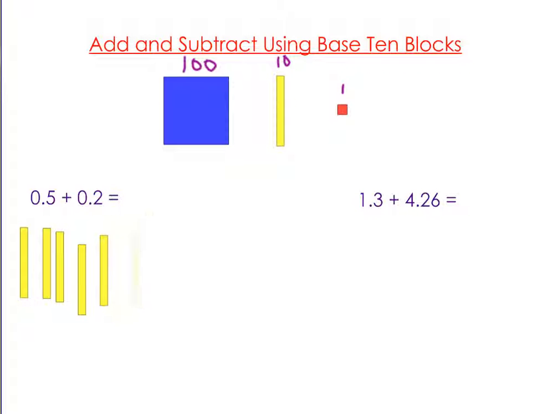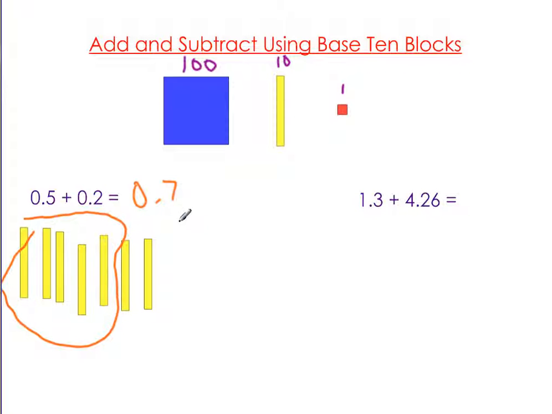So we're going to need 2 more tenths. And if we look, that will give us 1, 2, 3, 4, 5, 6, 7 tenths altogether. So 0.5 plus 0.2 is 0.7 or 7 tenths. So 5 tenths, which is this amount here, added to 2 tenths, which is this amount here, gives us 7 tenths.